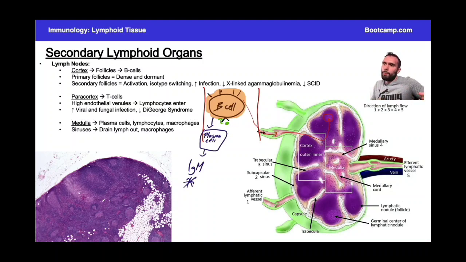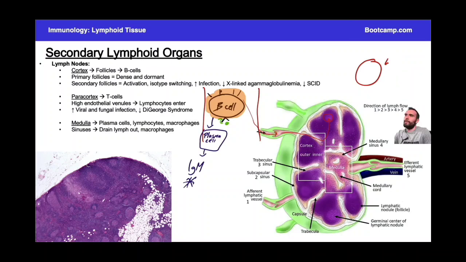And so that's why you get this clear center region, and then you have this dark dormant region around it, because all of the B cells that are not part of the party, essentially, right? They don't have that same antigen receptor. They're going to be on the outskirts, while all of the B cells in the middle are planning their defense from this antigen. Okay, and that's the germinal center that we talked about in the secondary follicles that are activated because they ran into this antigen in the blood.